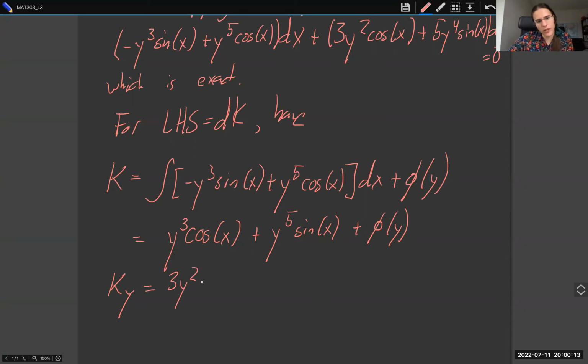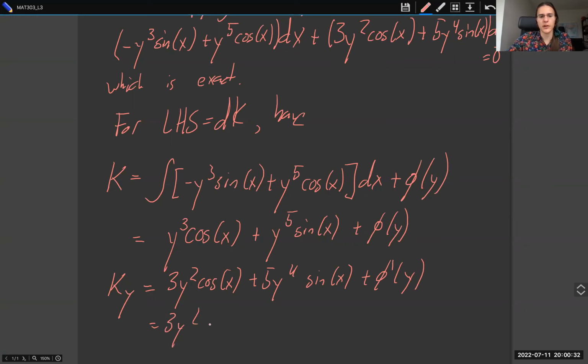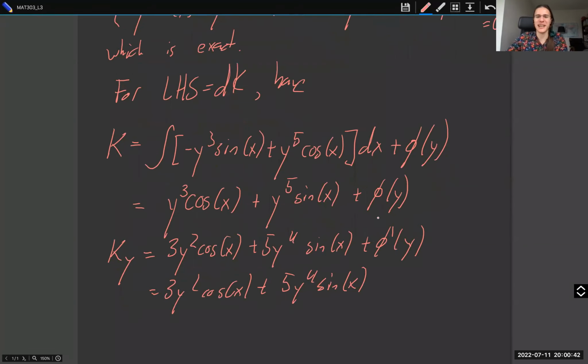Yeah. So we get 3y squared cos x plus 5y to the fourth sin x plus phi prime of y. And what's that equal to? That's equal to N in this expression, which is 3y squared cos x plus 5y to the fourth sine x. Oh, look, we get that same case, which is going to happen with the last example that I do as well.